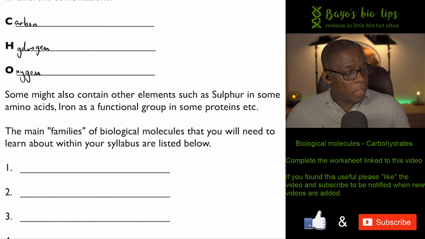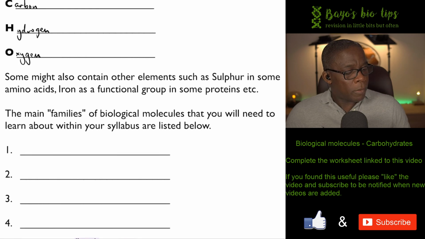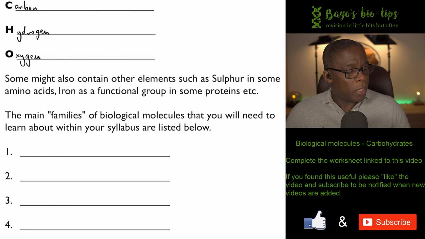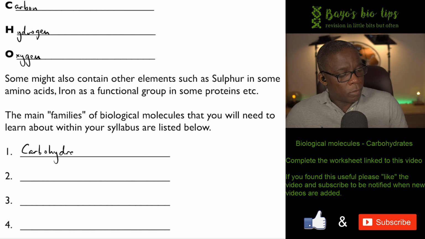So the main groups of biological molecules that we're going to be focusing on are these. So we'll start off with carbohydrates. And then we'll go on to lipids. That will be in a future video.